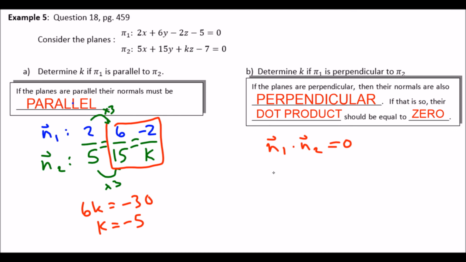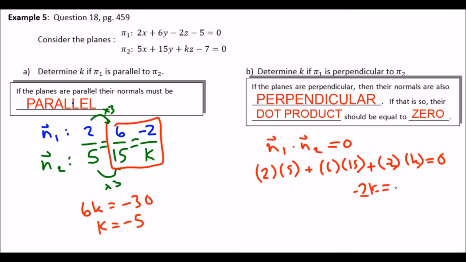So I'm going to have 2 times 5 plus 6 times 15 plus negative 2 times K is equal to 0. A little bit of fast math here: 10, and that right there is, I believe, 90, so we're at 100. So we have negative 2K is equal to negative 100.